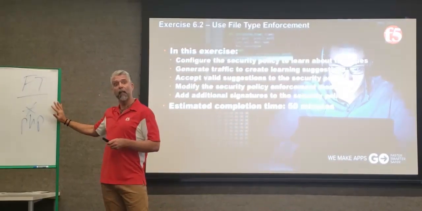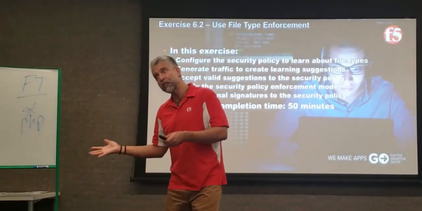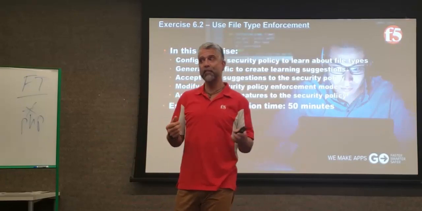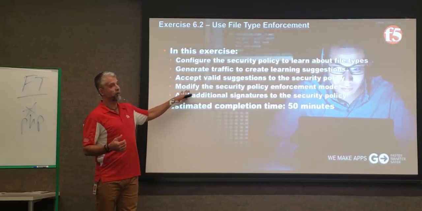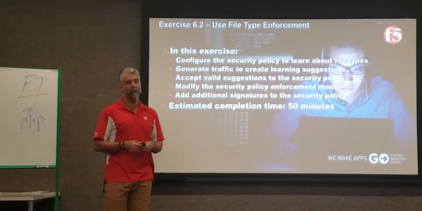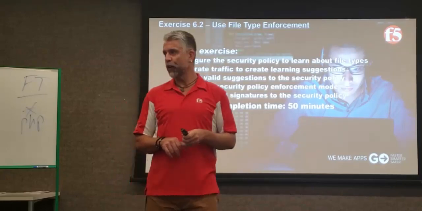What happens now when I do forceful browsing attacks? Maybe they'll succeed. Maybe they'll succeed because maybe you need to change your enforcement mode. That's a possibility as well. And then you can play a little bit with the signature page and filtering and so forth.